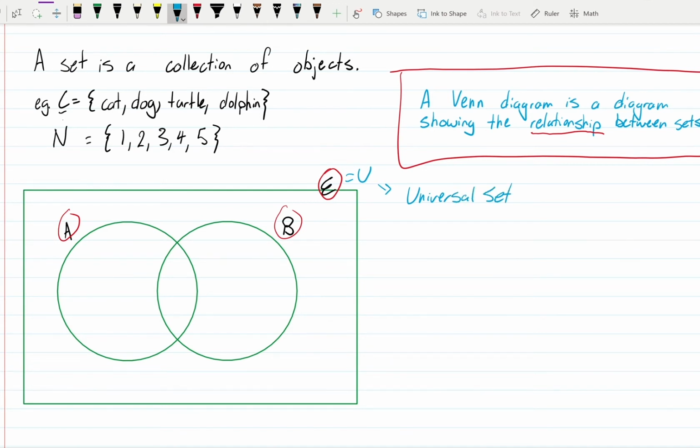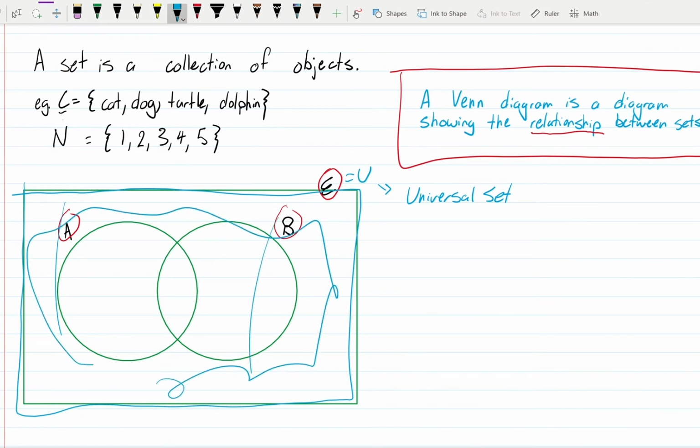That's going to be all of the elements, every single element that's within this large green rectangle that we have here. So that means that E, or U, represents the universal set. So that contains A, B, and everything that's not in A and B. Hopefully these scribbles illustrate that to you.